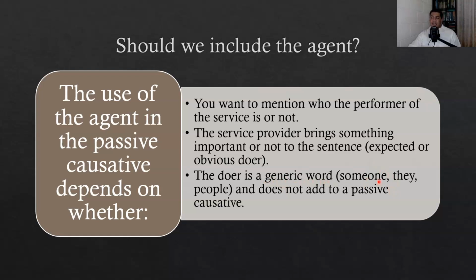That is to say, the word someone, the word they, the word people, a very general word, right? That doesn't specify who the doer of the action is. So when you use a generic word, it does not really add to the passive causative. It does not add to the meaning. It does not add to the message you want to transmit.